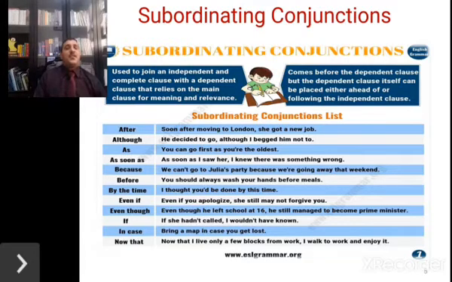This is for impossibility. Okay. Even though he left the school at 16 years old, he still managed to become prime minister. So here, what we observe, in the previous conjunction statement, even if, the first is positive but the other is negative.